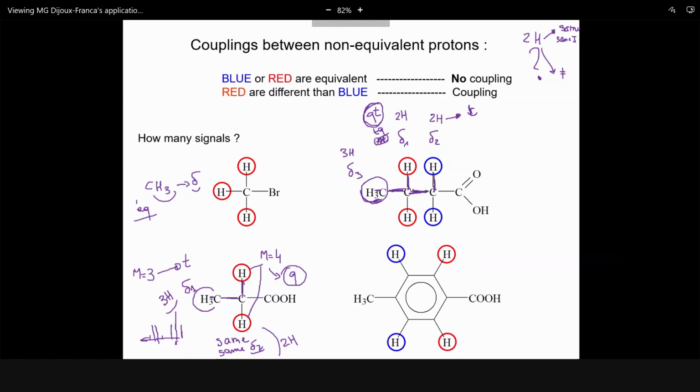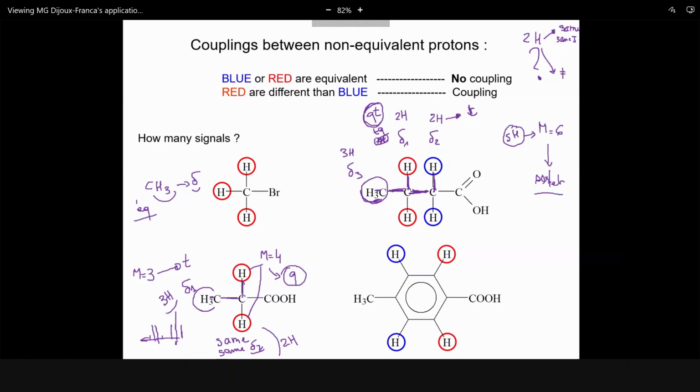So it's just like if the red one are coupled to 3 plus 2, that means 5 protons. M equal, as J are the same, 5 plus 1 equals 6, I have a sextet. Sextuplet in French, sextet in English.